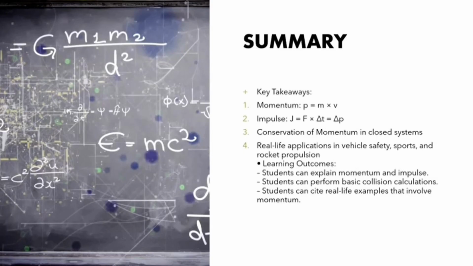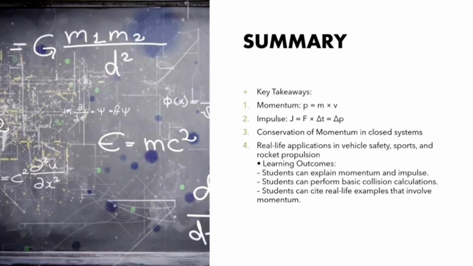Okay, let's recap the main points. Momentum is mass times velocity, p equals mv. Impulse is the product of force and time, which equals the change in momentum: J equals F delta t equals delta p.